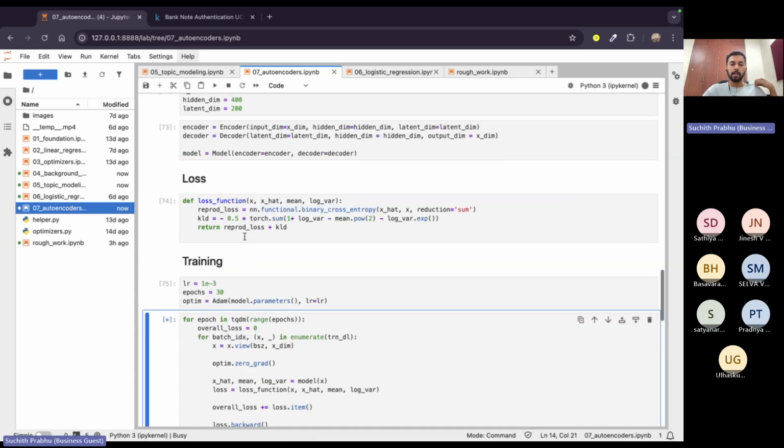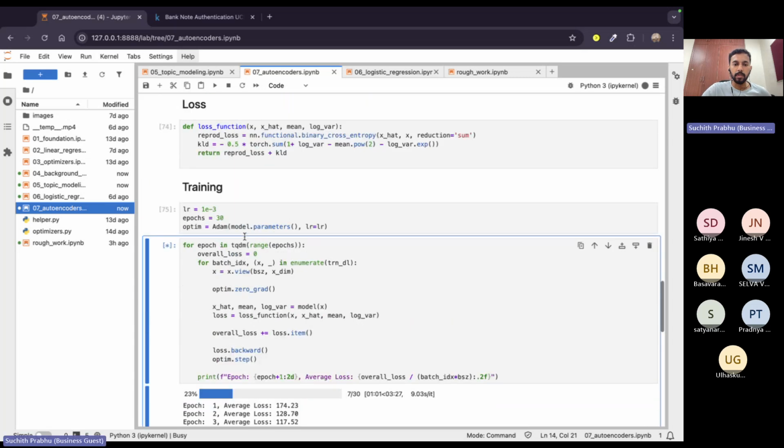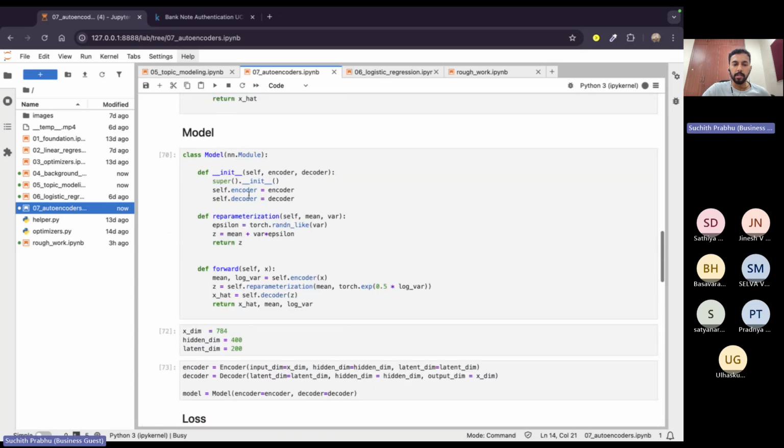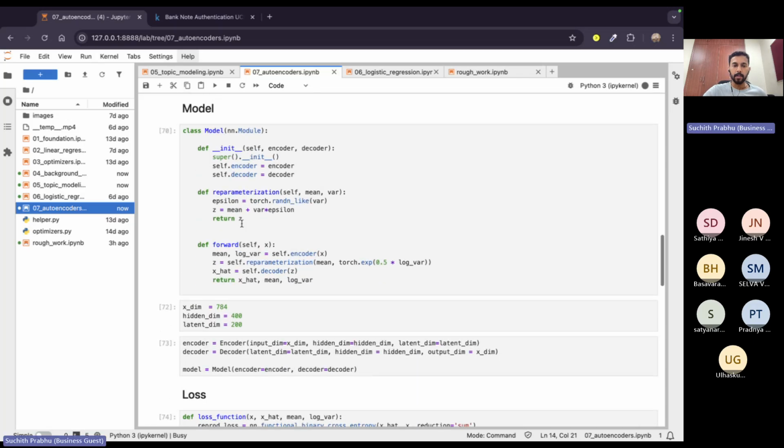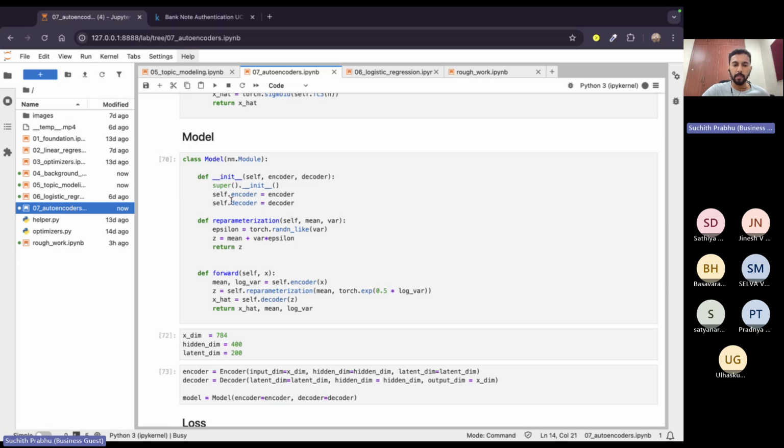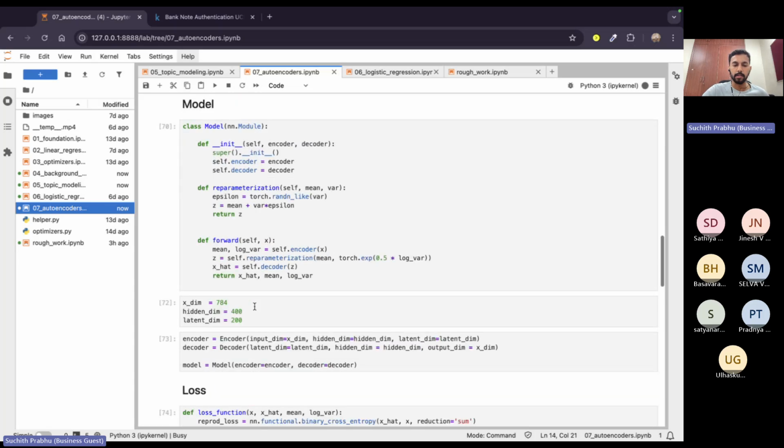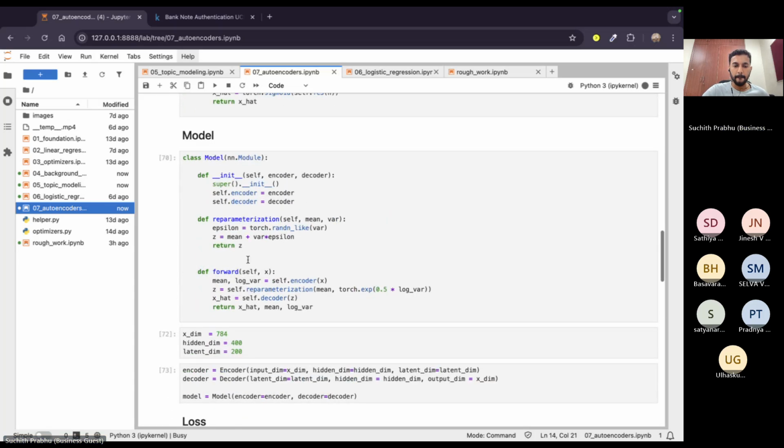So the state of the art models that you see, which are stable diffusion models, are based on this principle itself of modeling the distribution. But they do it in multiple steps. So diffusion models were developed from this itself.